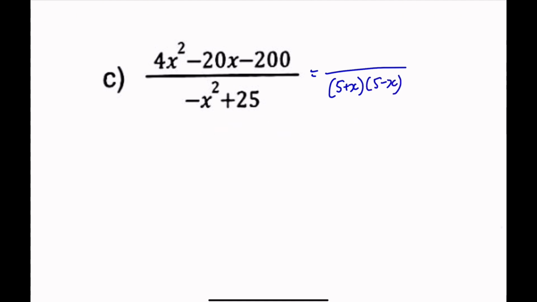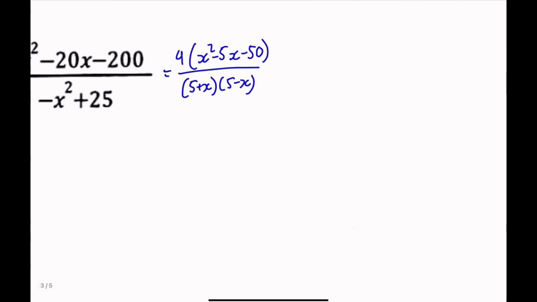And our numerator, first of all, we see that we can take out 4, right? So if we take out 4, then that's going to be x squared, and then minus 20 divided by 4 is 5, so 5x, and then minus 200 divided by 4, that's going to be 50. So minus 50, and then we can factor that.